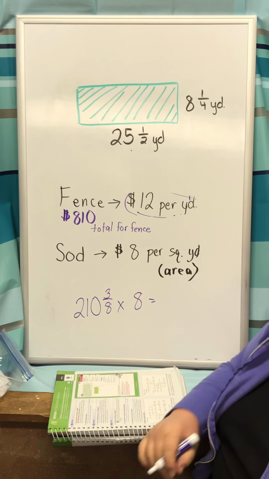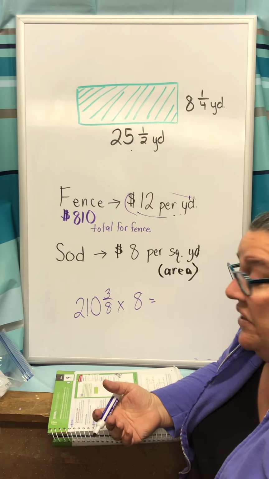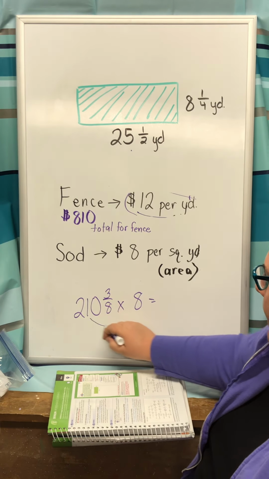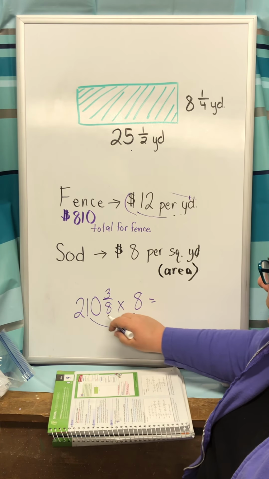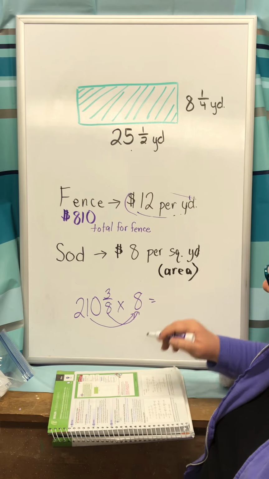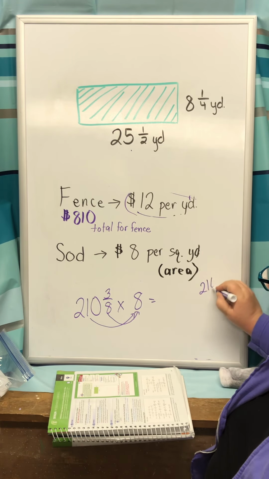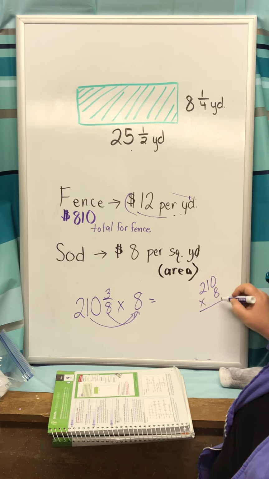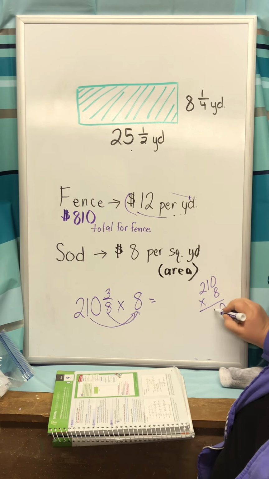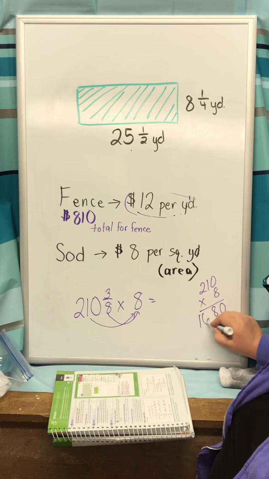Okay, so again, if you want to do improper fraction, that's fine. For this one though, I'm just doing my 210 times 8 and my 3/8 times 8. So I'm just going to do mine straight across. So 210 times 8, I get 0, 8, and 16.